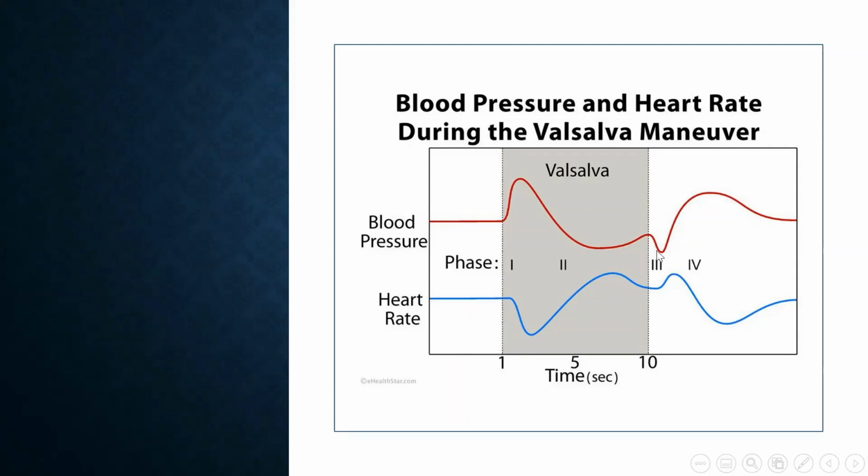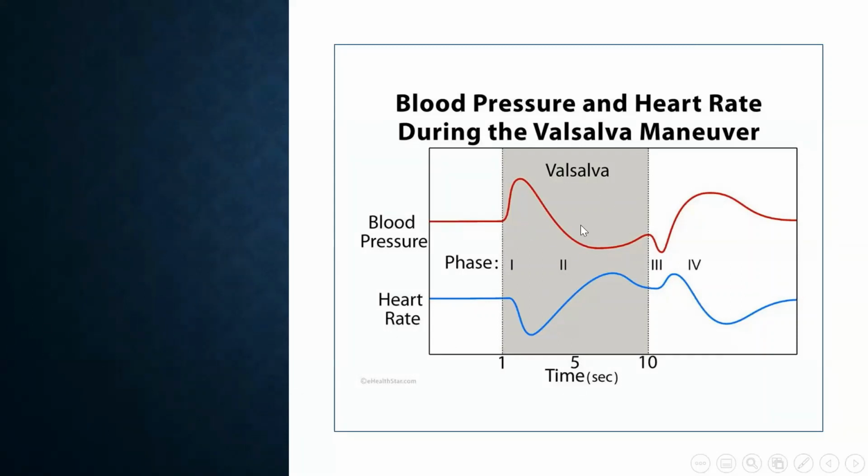This leads to the maintenance of blood pressure and heart rate at the same time. In phase 4, after the relief stage, the venous return comes back to the left side of the heart, blood pressure increases again, and the heart rate returns to baseline. These are the 4 stages.